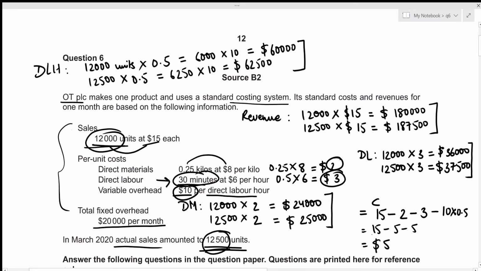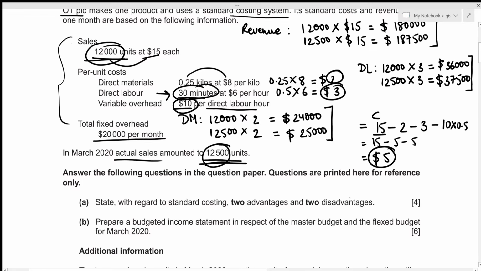So previously we had the contribution of 5, but now we reduced our selling price to 13. All right, let's figure out the new contribution. That is just going to be 13 minus 2 minus 3 minus 5, which results in the contribution to be $3. So the contribution per unit has definitely reduced. Let's write it down.